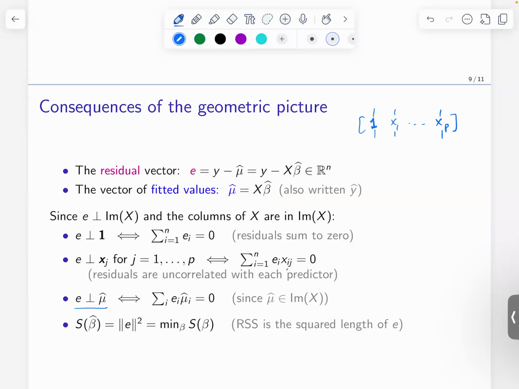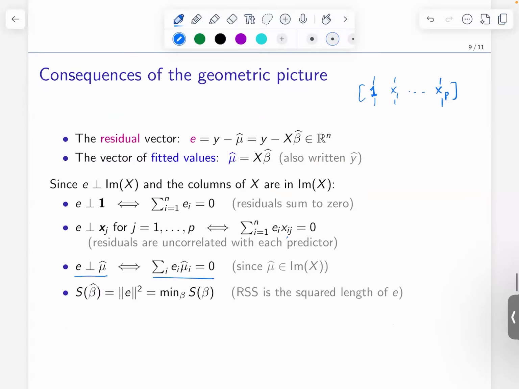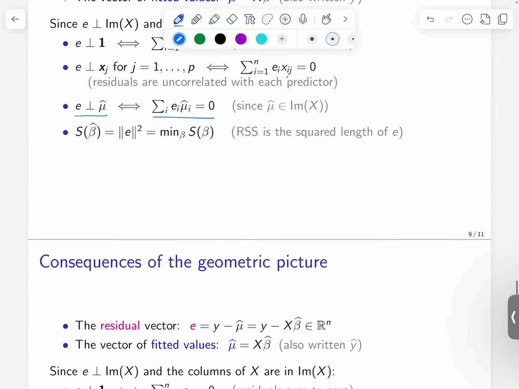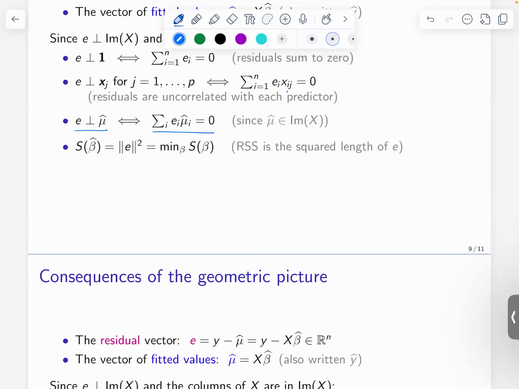And then E is orthogonal to mu hat, as we discussed. So this gives you another equation between the residual and mu hat. And what else do we get? We get this fact about S(beta), which I don't think I introduced. Let's say this is the sum of squares function. As a function of beta, the norm of y minus X beta squared, let's call this S(beta).